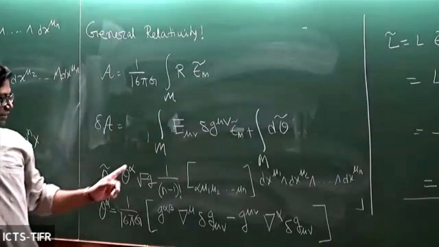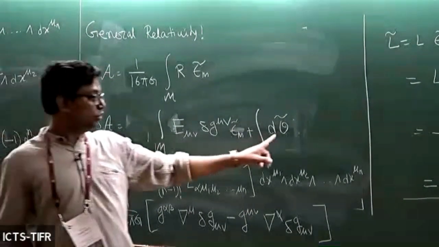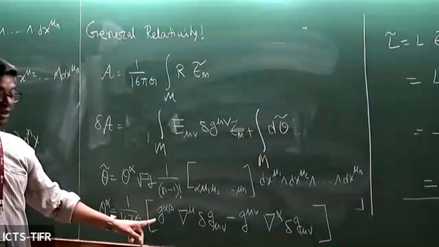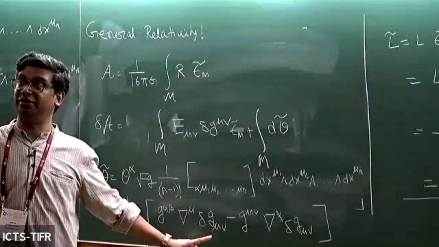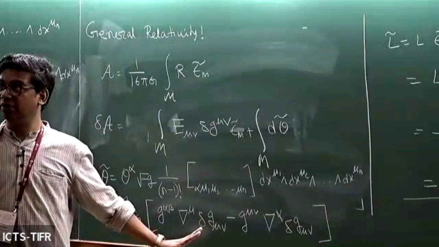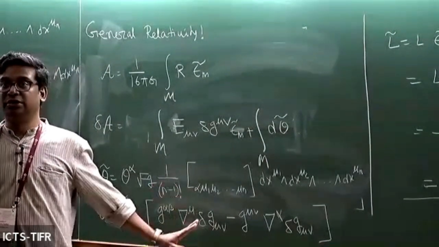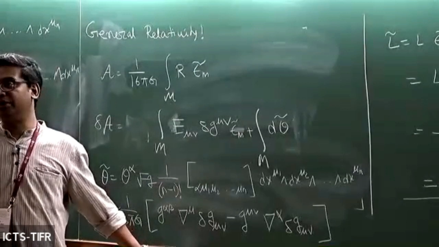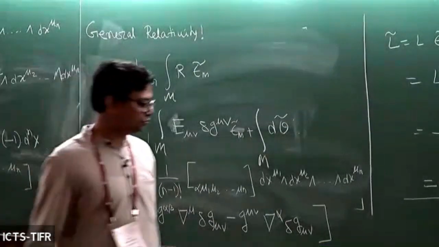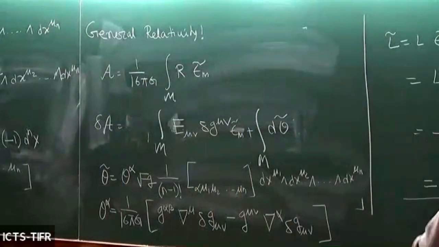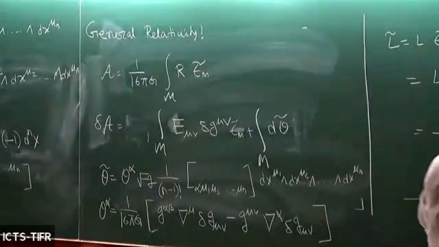Note that this is the equation of motion. Note that this theta form depends on the metric as well as the first derivative of the variation of the metric. So this structure is going to be very important when we derive the Wald formula. Good. Now, let us come back to the general structure here.